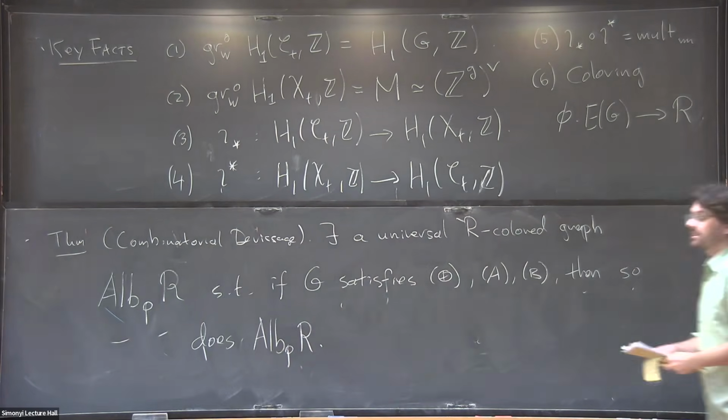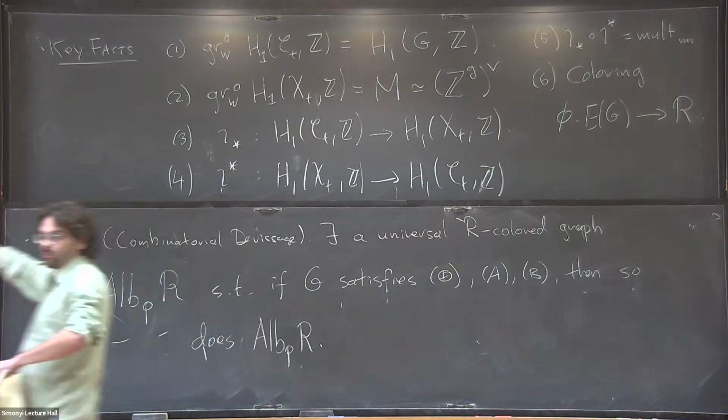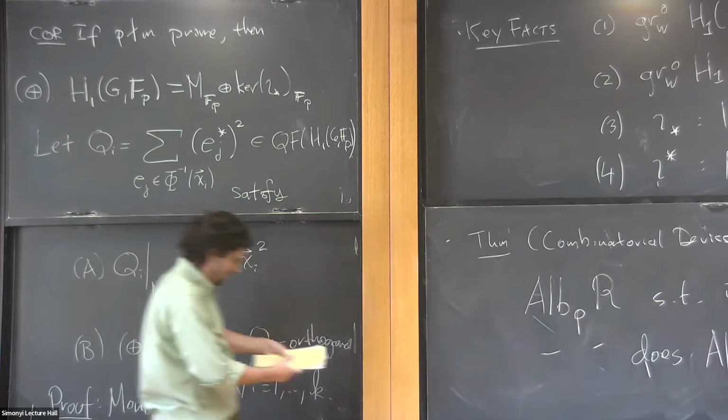So in other words, there's some sort of universal graph that satisfies these linear algebraic properties with respect to the matroid R and the prime P.